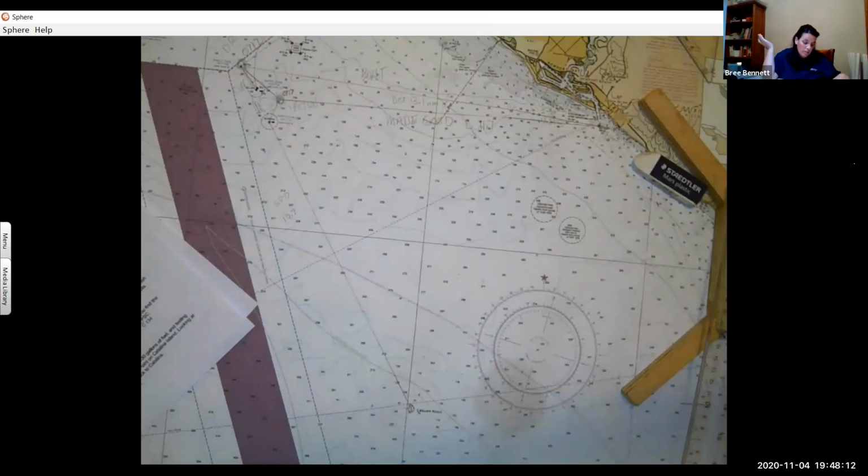We're now assuming there's no set and drift. What is the true heading? If deviation is 2 degrees and you find that variation is 12 degrees, what is the compass heading? Why did they give us deviation? Now I understand your question.